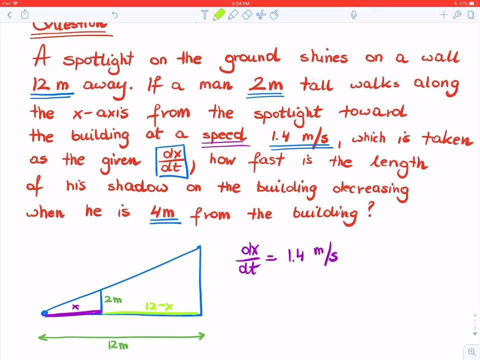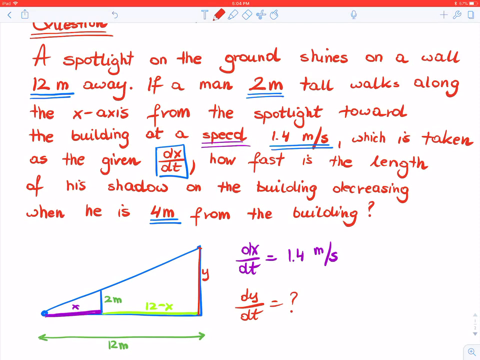Let's put some labels. I will name the shadow on the building y, and we're looking at how y is changing with respect to time at the moment when he is 4 meters away from the building.